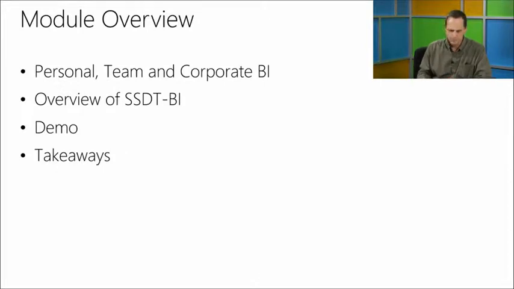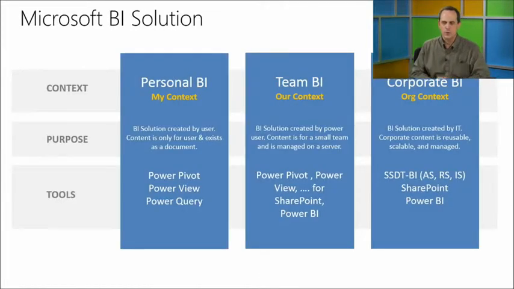Sounds great. Very good. Okay, so as I mentioned, Microsoft has three BI offerings or stories that we like to enable for our customers. The first one is what we like to call personal BI. That's basically BI content that is created by the user.